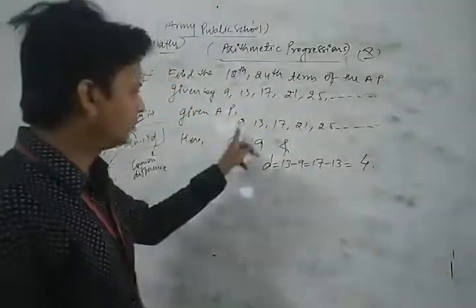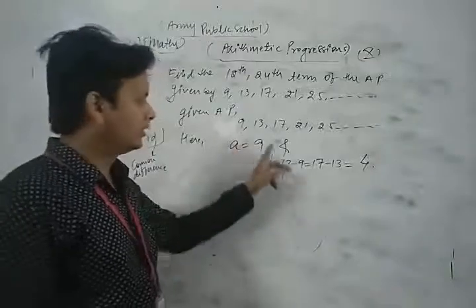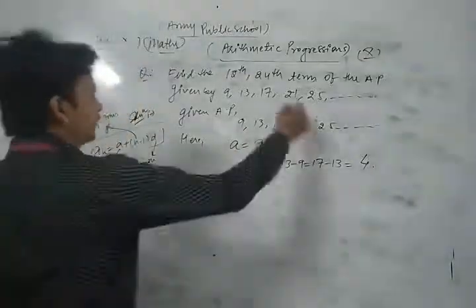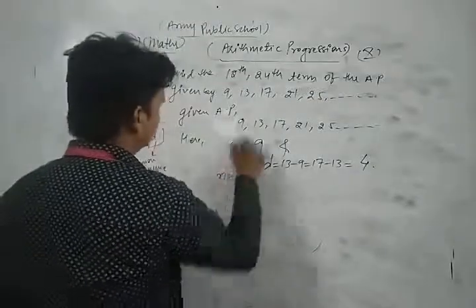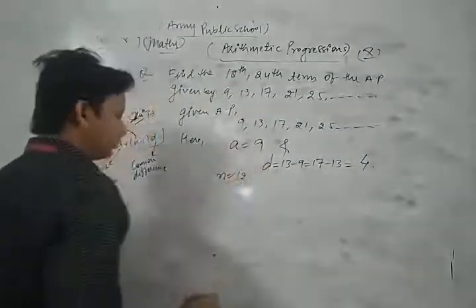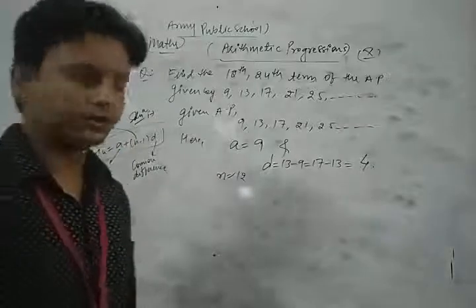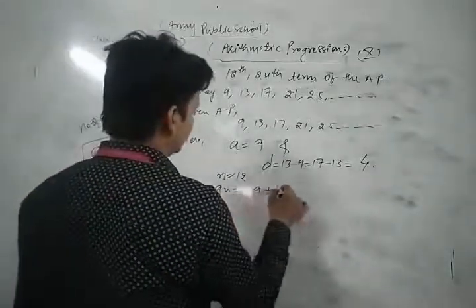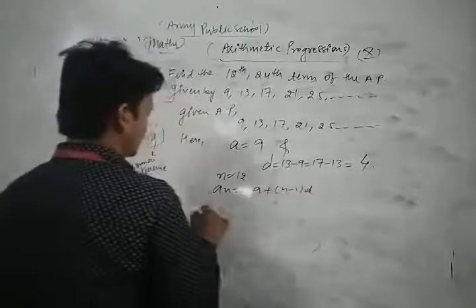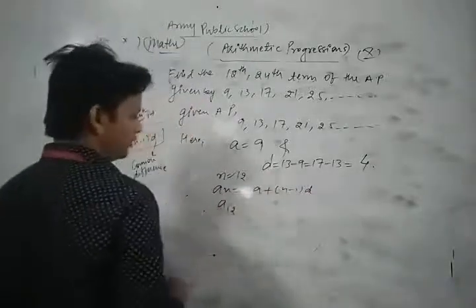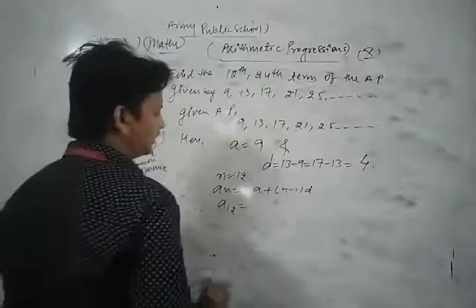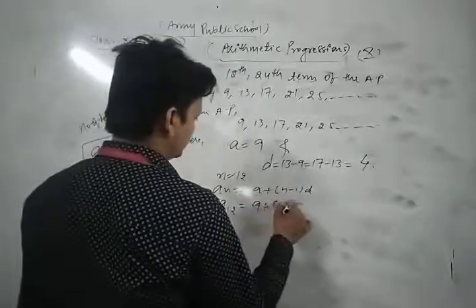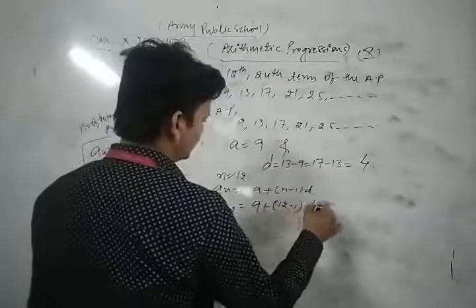Now let's see here. The first term is 9. Common difference is 4. And now first of all, n is equal to 12. We find the 12th term, so we take n is equal to 12. Since you know that the nth term is A plus n minus 1 into D, the 12th term A12 is, putting the values of A and D, 9 plus 12 minus 1 into 4.